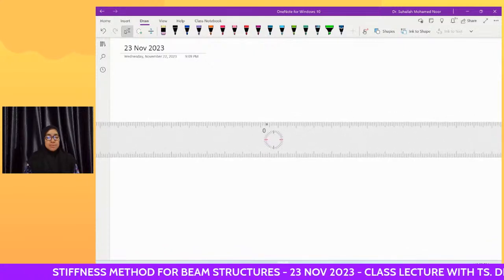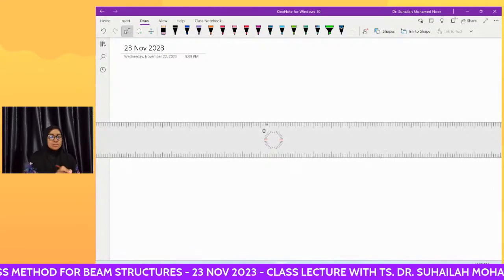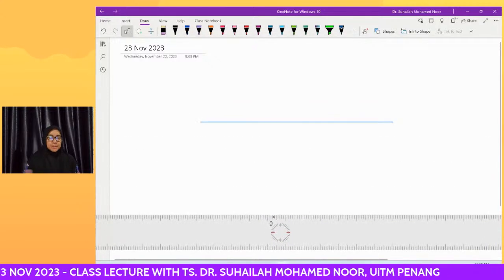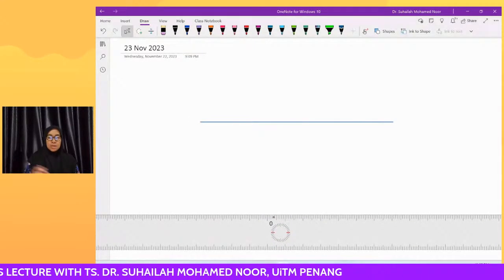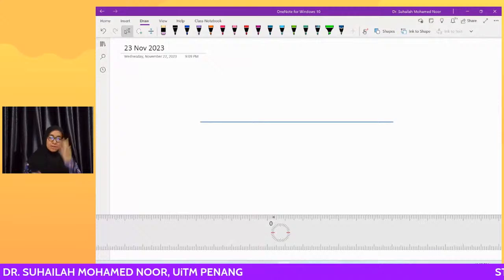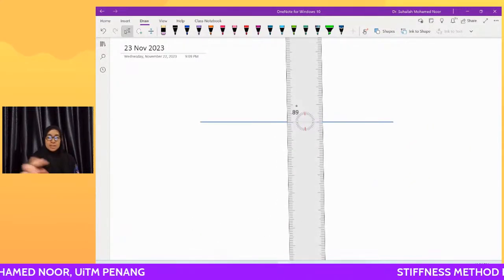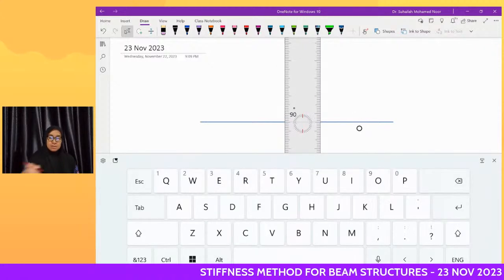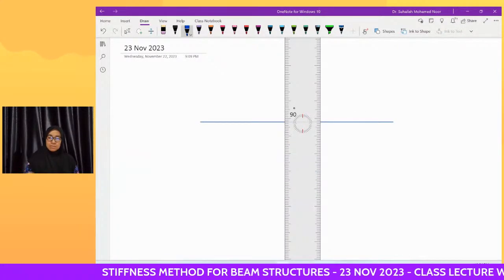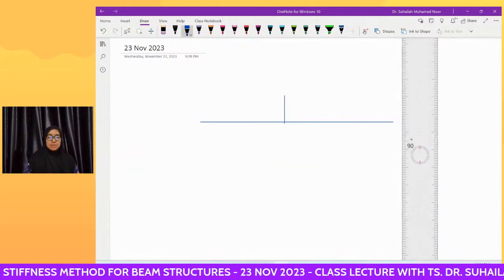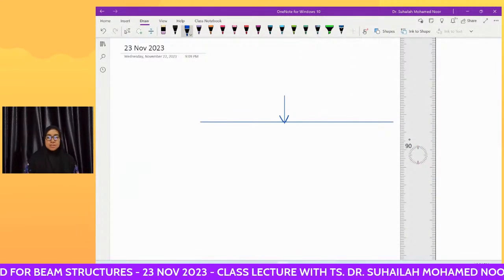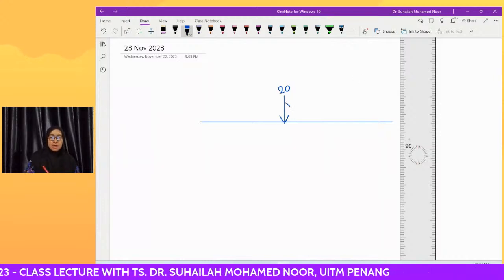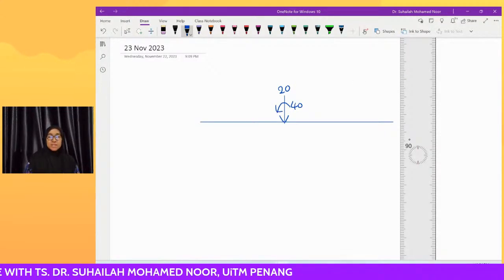The beam first. 4 meters, right? Point load at the center, this is 20, right? 20, and moment is 40.